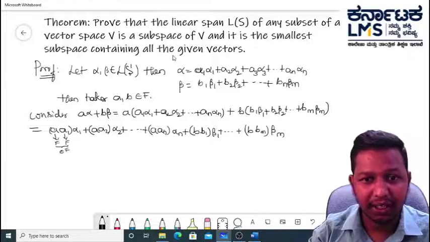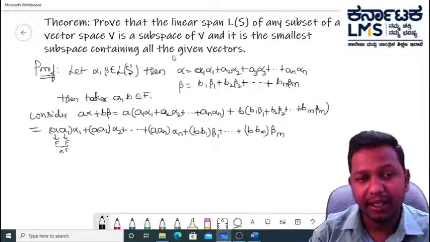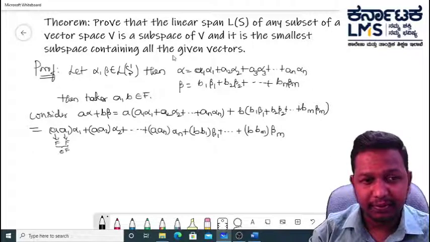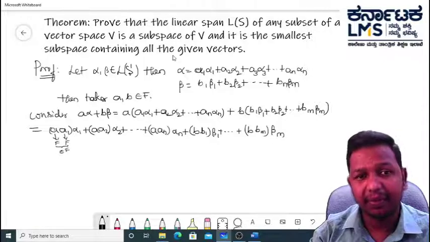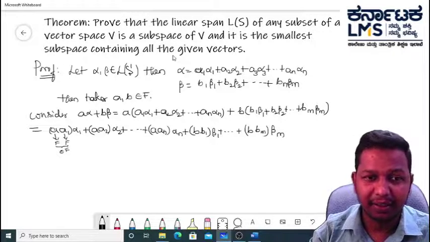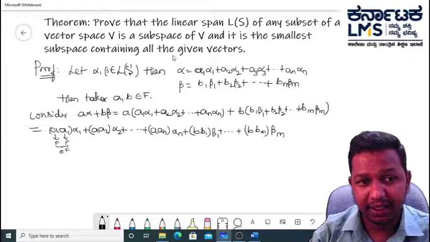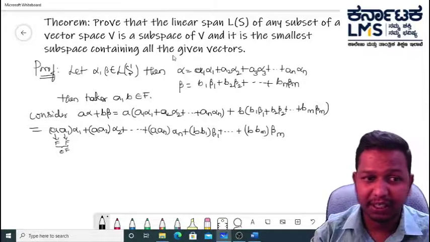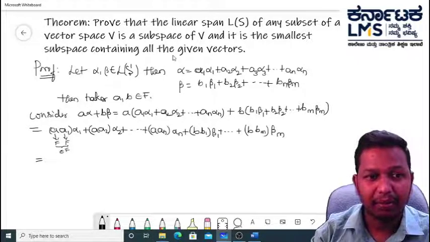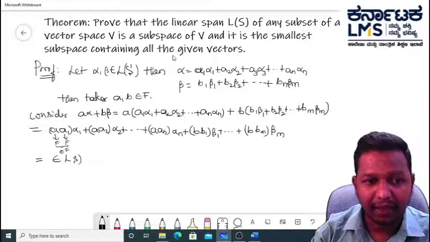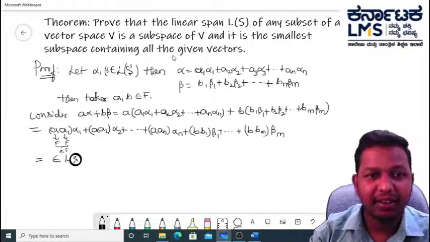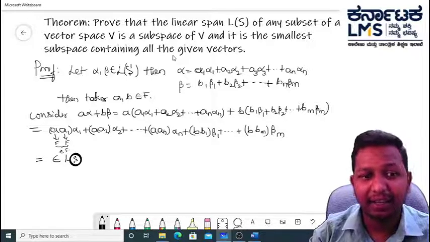And alpha 1, alpha 2, alpha n, beta 1 and beta m are elements of S. They are elements of S and vectors of V. They belong to V. Since V is a vector space, it is closed under both vector addition as well as scalar multiplication. So this is completely an element of L of S, because this one also looks like a linear combination.